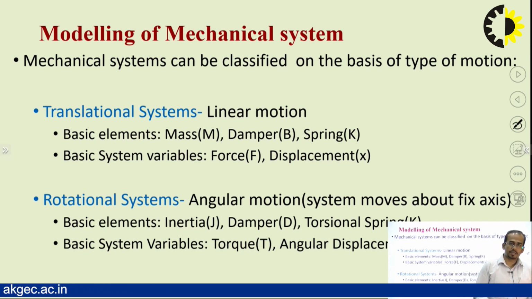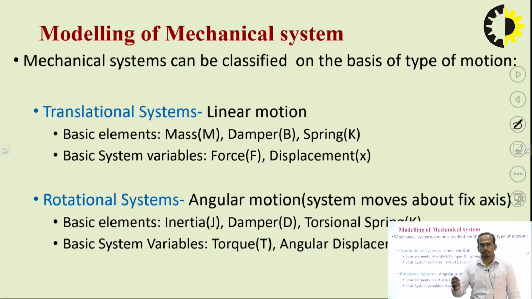In translational mechanical systems, we are talking only about linear motion. And in rotational systems, we are talking about angular motion or angular movement.